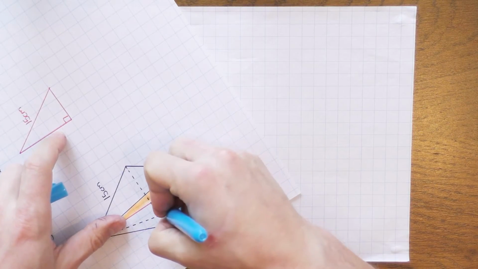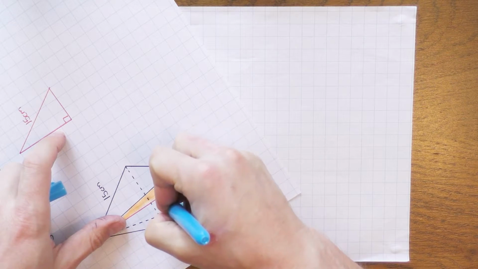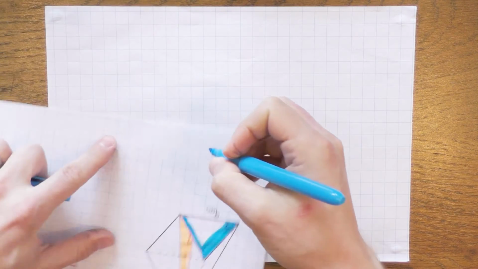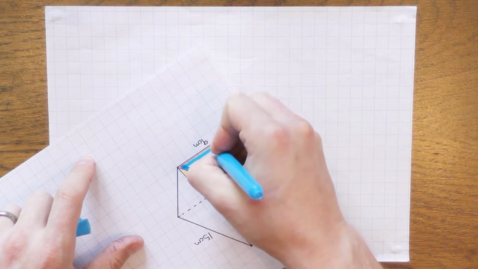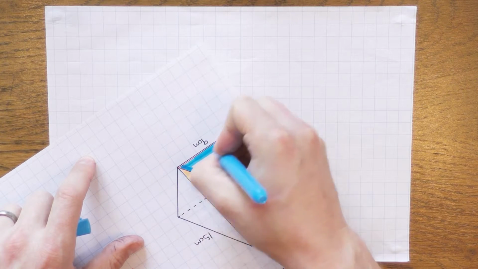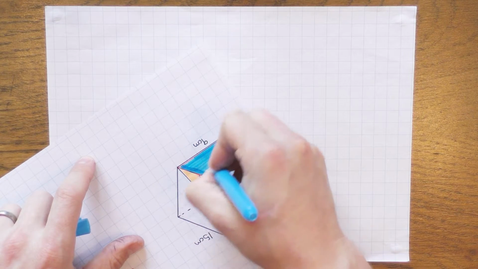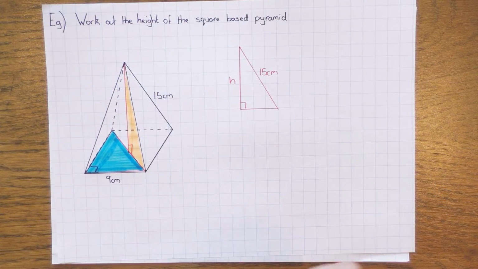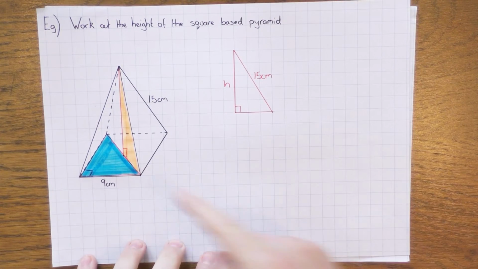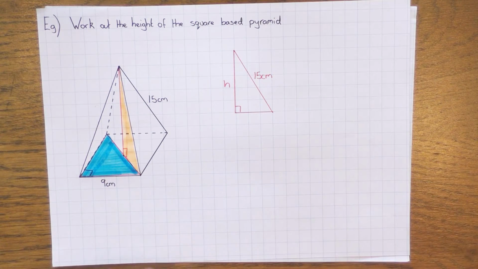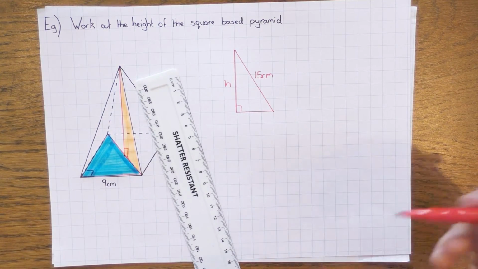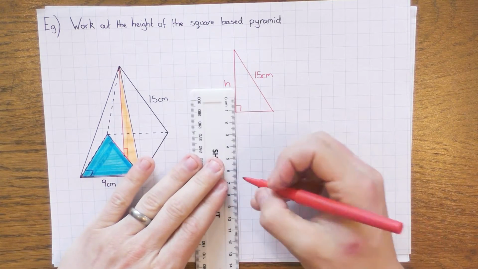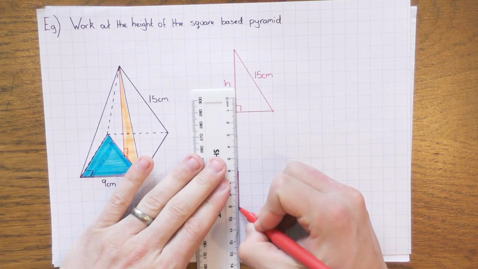Let's turn it around, makes it a bit quicker. There we go. So on the bottom of my square, I've just cut it in half, so then I have another right angle triangle that I'm able to use Pythagoras on. So I'm just going to do a very quick sketch of that.